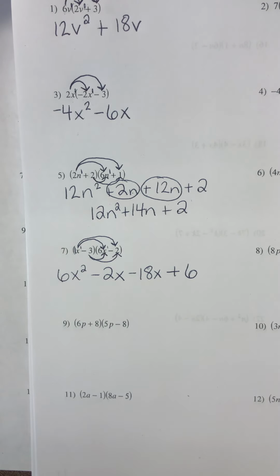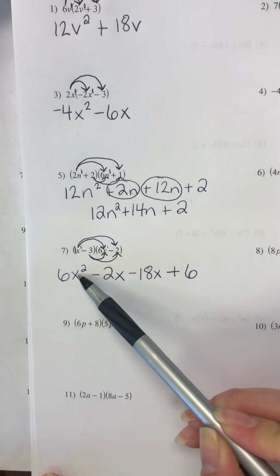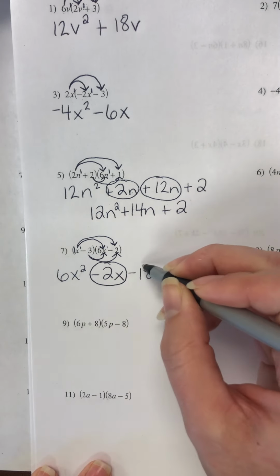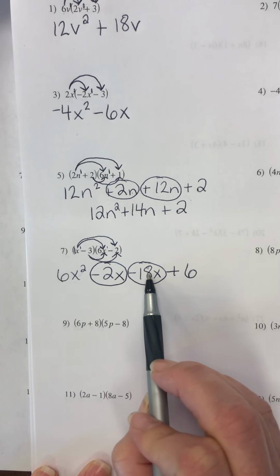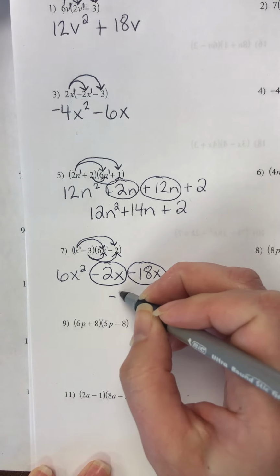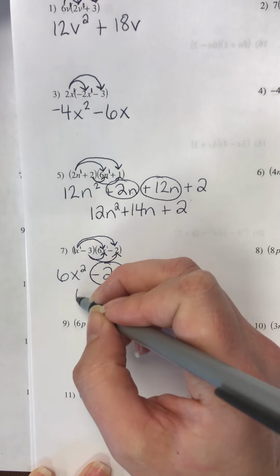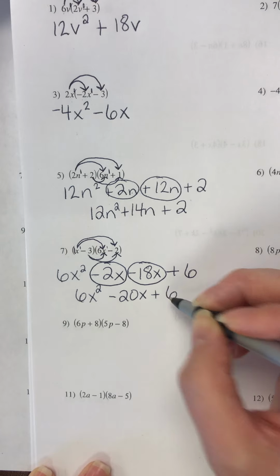My next step is to combine like terms. I don't have any other terms that have an x squared, so I have nothing to combine this with. But I do have two terms with just an x. So -2 minus 18 will give me a -20x. And then I just carry down everything else I haven't used. So 6x squared minus 20x plus 6.